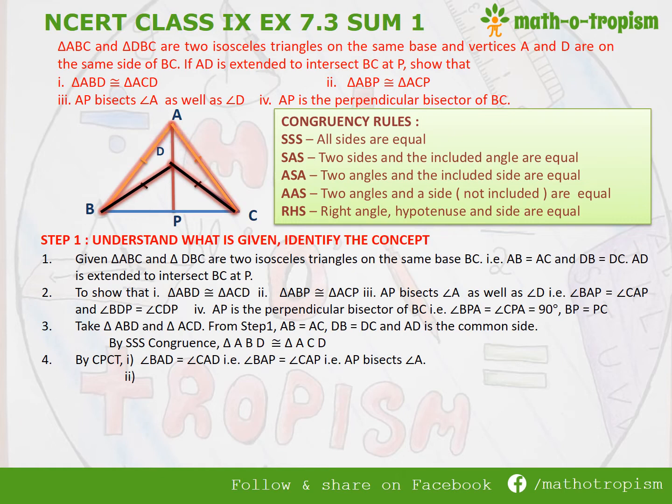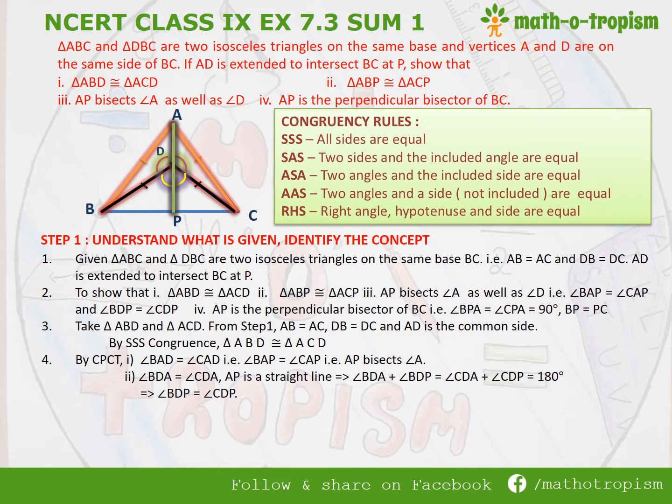Next, we can also see by CPCT that angle BDA is also equal to angle CDA. So if these two angles are equal and we take AP as a straight line, then we can write that angle BDA plus angle BDP is equal to angle CDA plus angle CDP. Both will be 180 degrees because AP is a straight line.